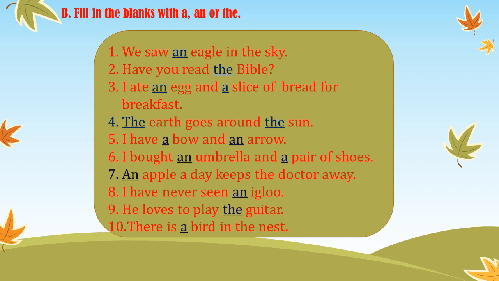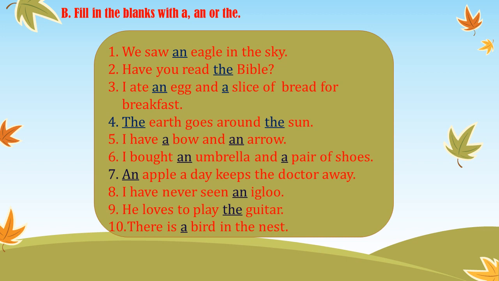Sixth is: I bought dash umbrella and dash pair of shoes. The answer is I bought an umbrella and a pair of shoes. Seventh, dash apple a day keeps the doctor away.